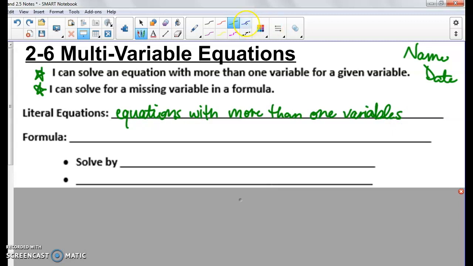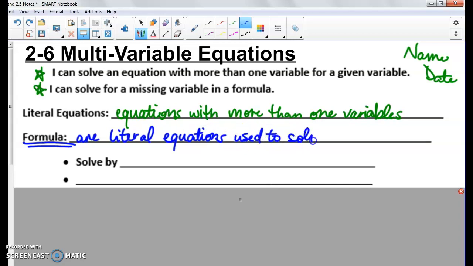Alright, now as far as formulas go, a formula that we see often is just that: an equation with more than one variable. So they are literal equations used to solve for specific values.